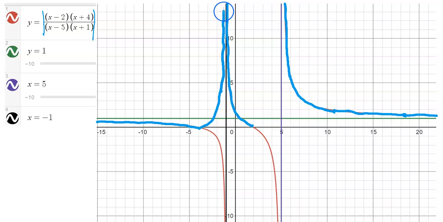Hopefully you can do it better than me, not so wobbly. And then the same over here. Important details: this thing should be a point.